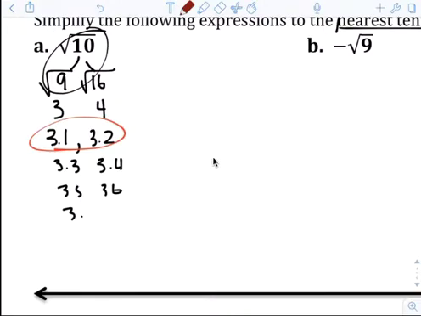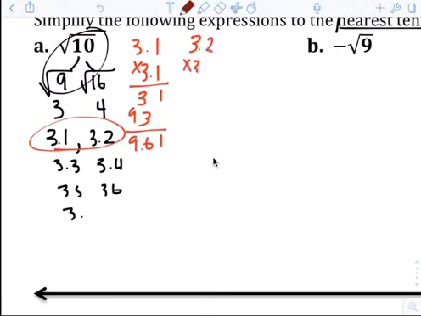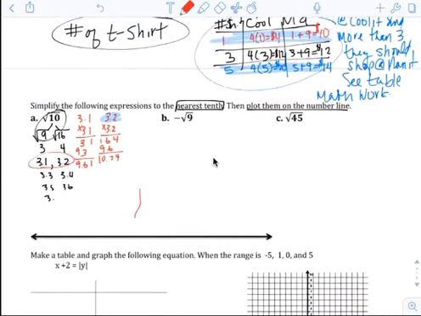Those two. So 3.1 times 3.1 is 9.61. Okay, a little bit less, so it's 0.39 away. 3.2 times 3.2 is 10.24. Oh, it's closer to that one.